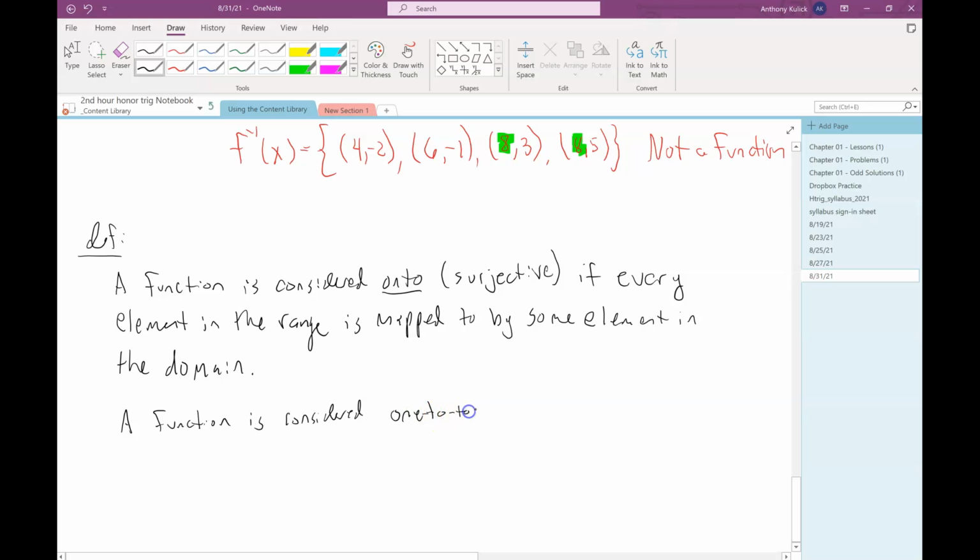The next one is the term 1-to-1. And the alternative for that is injective again.